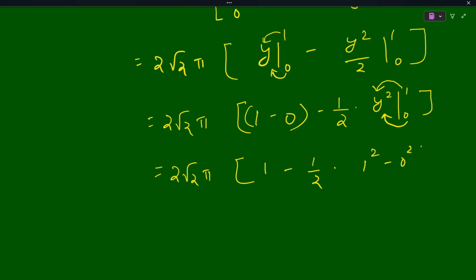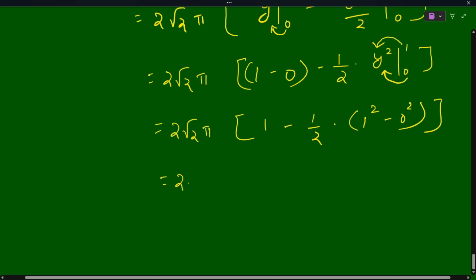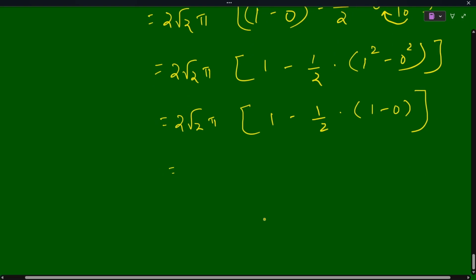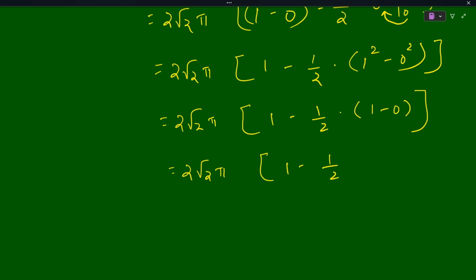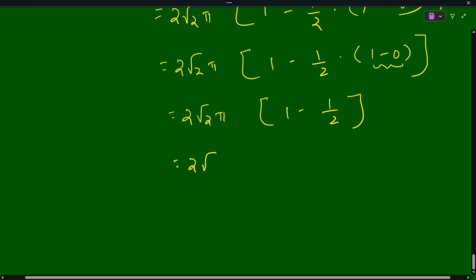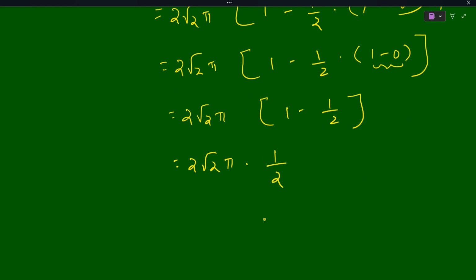So let's solve this in another step. It would be 2 root 2 pi, and 1 minus 0 is 1, minus half, and again the upper limit I will take once, so it would be 1 square minus 0 square.